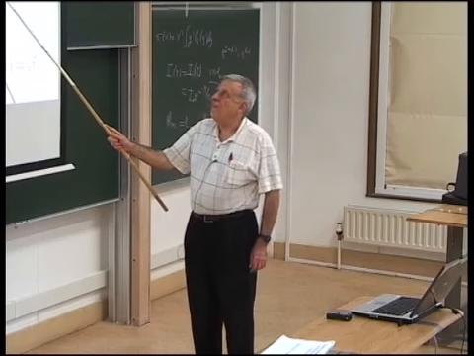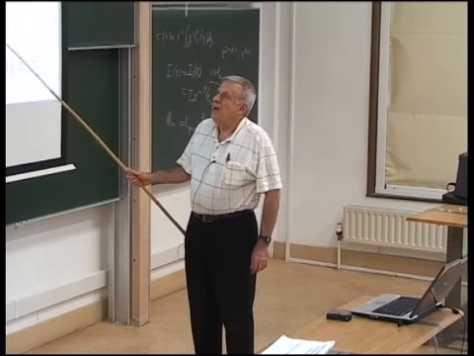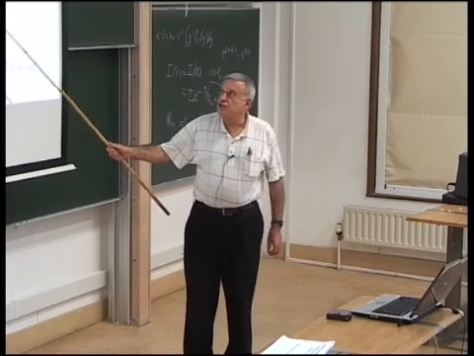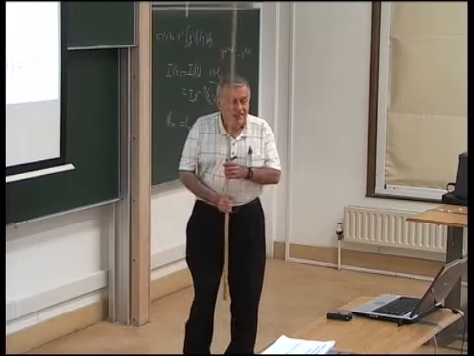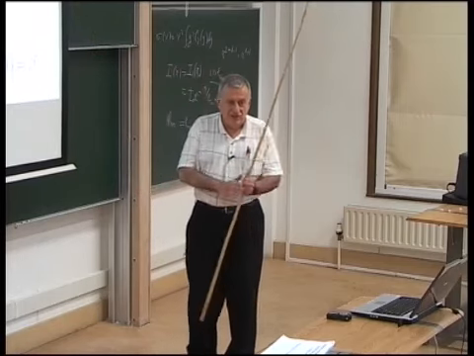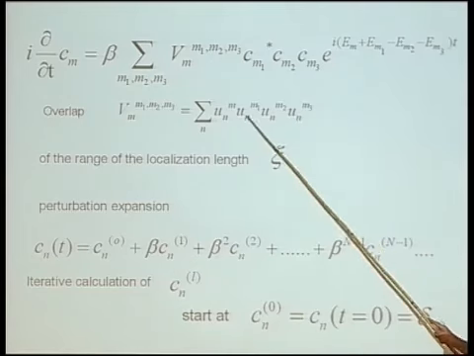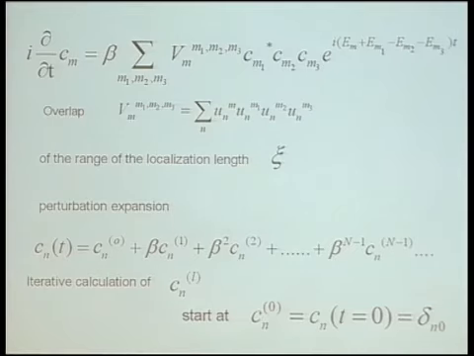So it's an overlap integral of 4 wave functions, and it is basically negligible outside a range xi that is the localization length. So these points have to be within the localization length in order to have a big effect. And this is one thing that allows us to derive this theory.